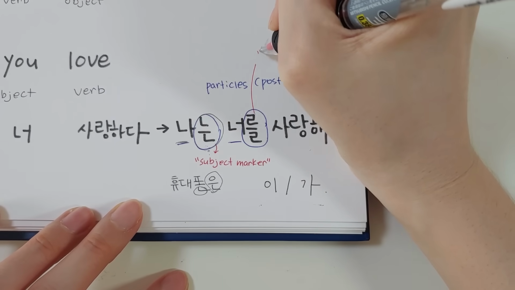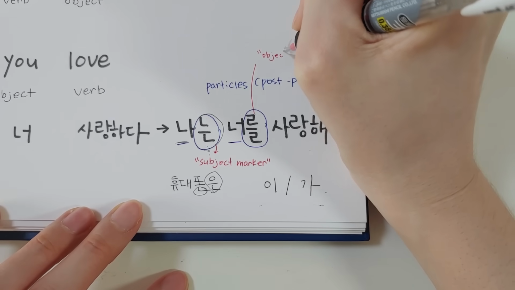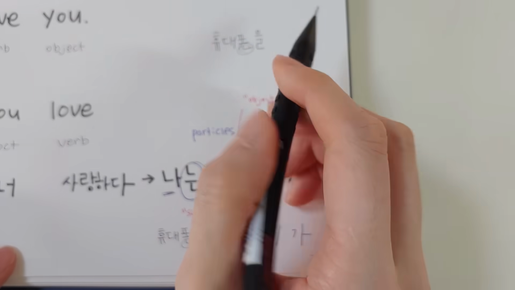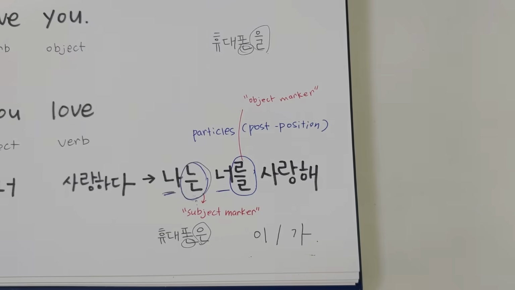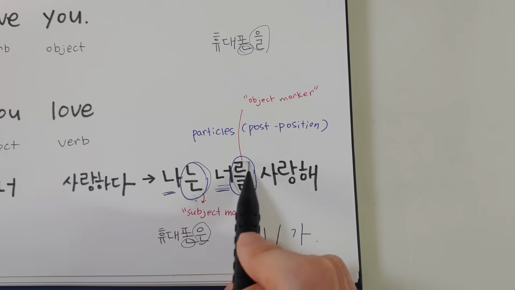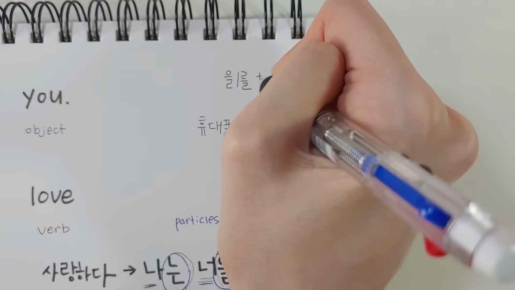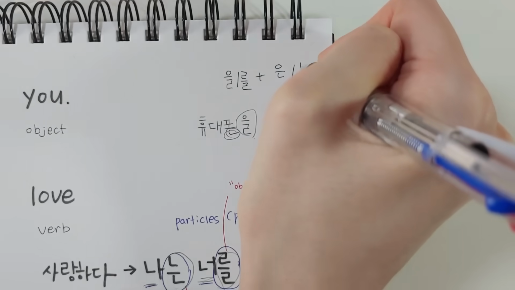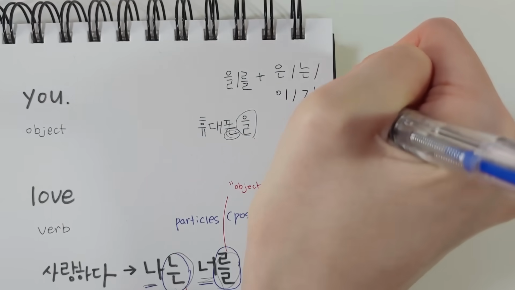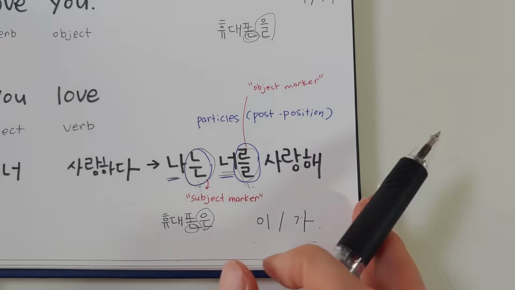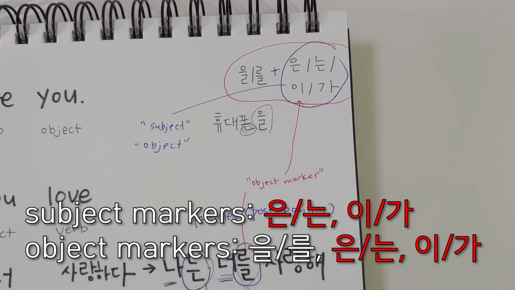Moving on to 를. This is an object marker. If the noun ends with the final consonant, it should be replaced with 을. So 너를 and 휴대폰을 would be the right form. Other than 를 and 을, 은, 는, 이, 가, the subject markers that we just learned, can also be used as object markers. 은, 는, and 이, 가 can mark both the subject and the object.